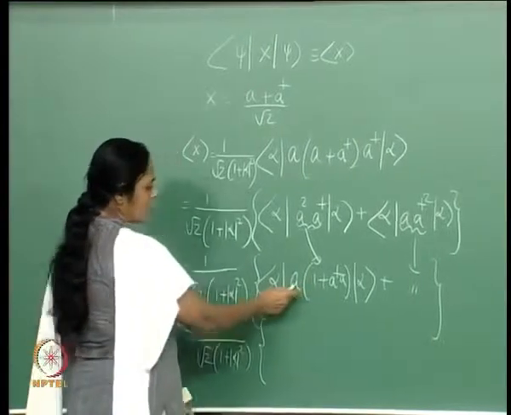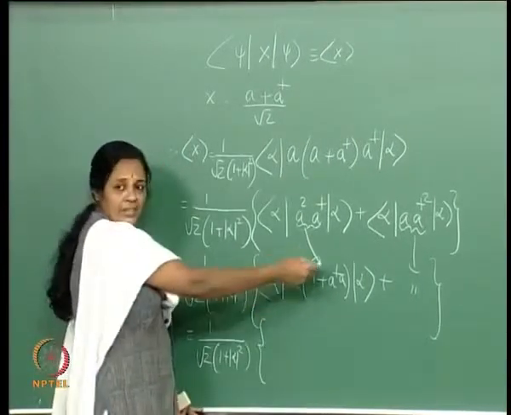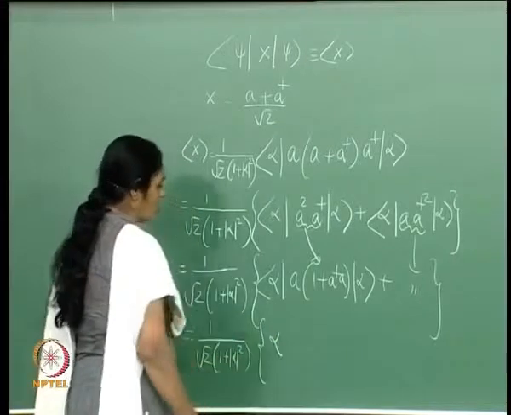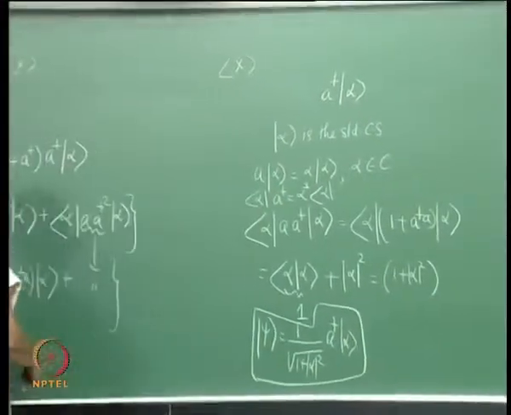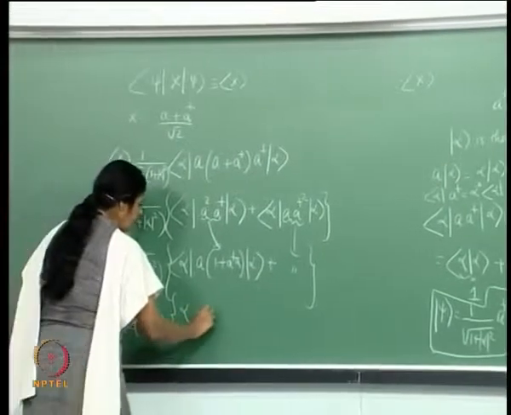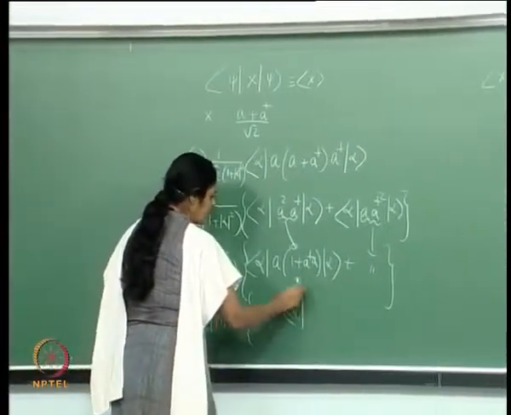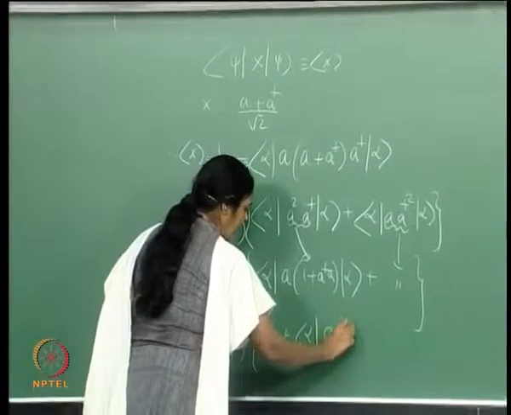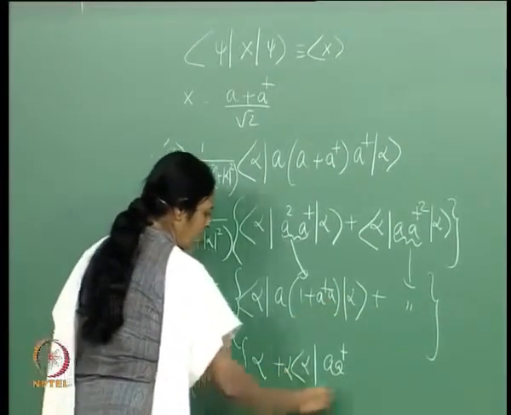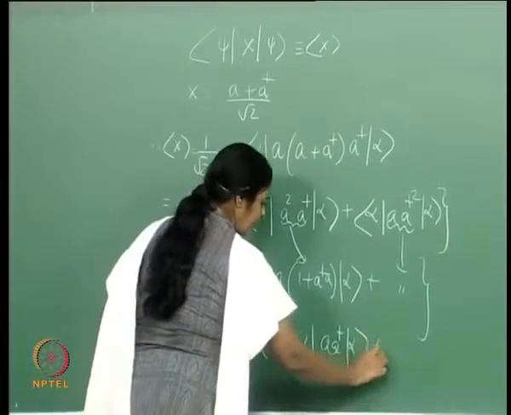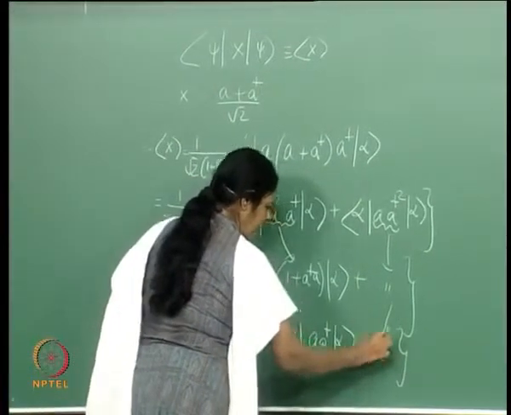The first term is just the expectation value of A in the state alpha, and that just pulls out an alpha because of this property. The next is expectation value of A dagger. This A acting on alpha pulls out an alpha. So, that is what I have.